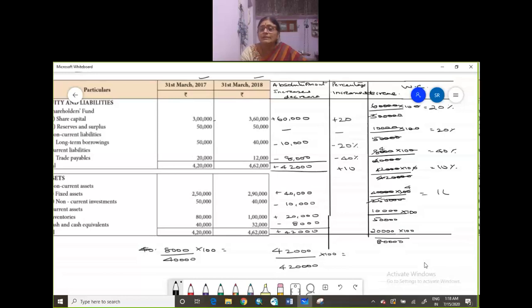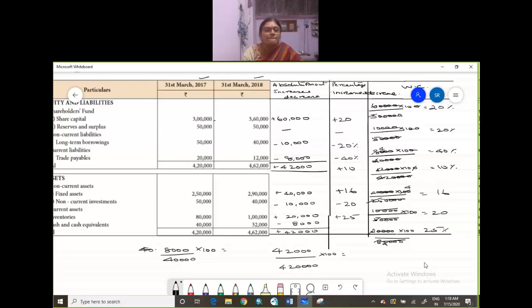Your fixed assets is increased by 16%. Your non-current investment is reduced by 20%. Your current assets, that is your inventory, has been increased by 25%.